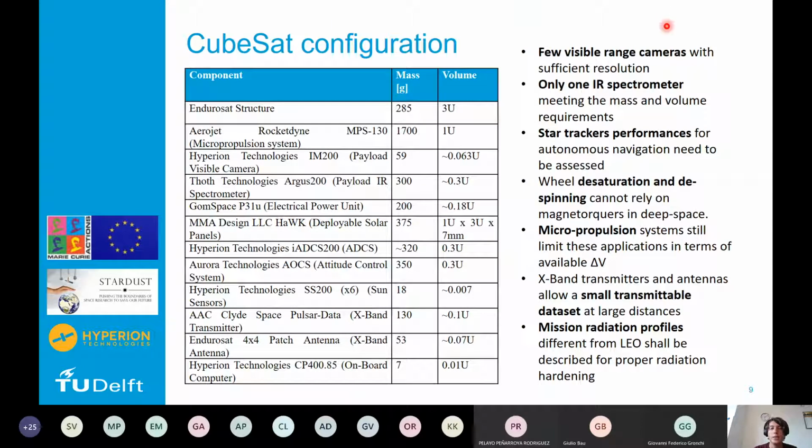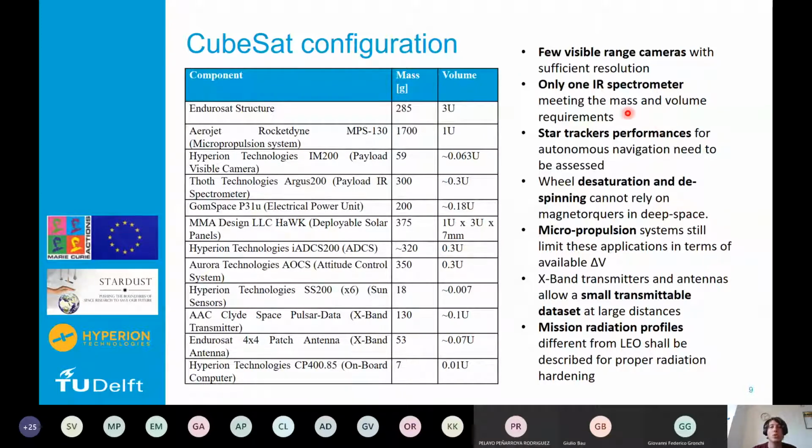In particular, they are related to the payload, which, as you can imagine, is the last commercial subsystem of each space mission. But in this particular case, there is only one infrared spectrometer which meets the mass and volume requirements, and there are few visible range cameras.